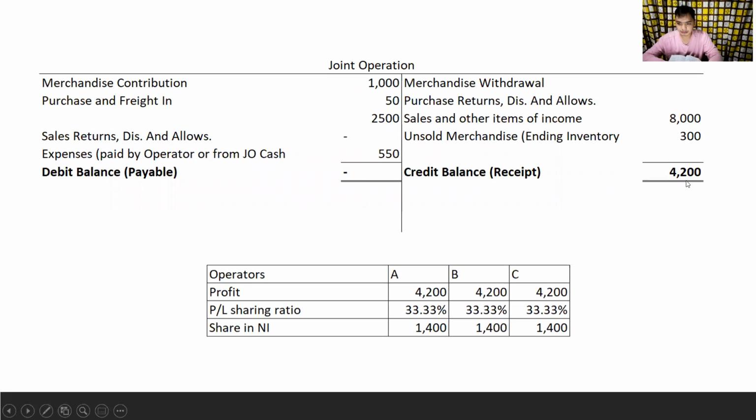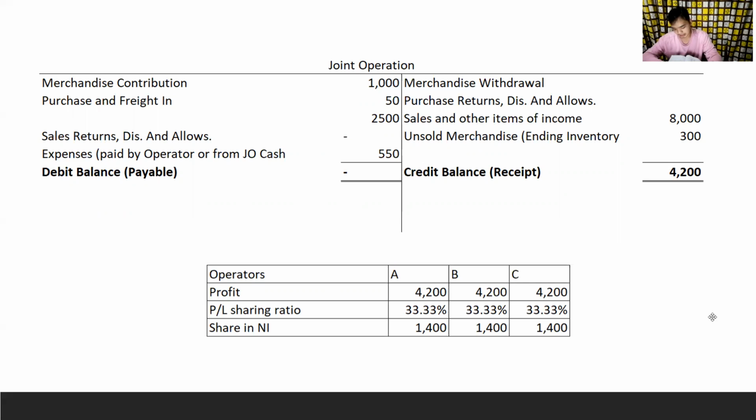operations, the merchandise contribution is 1,000, as stated in letter A. Purchase and freight in 50, letter B. Purchase in 2,500 is letter D. Sales return and discount and allowances, there's none.